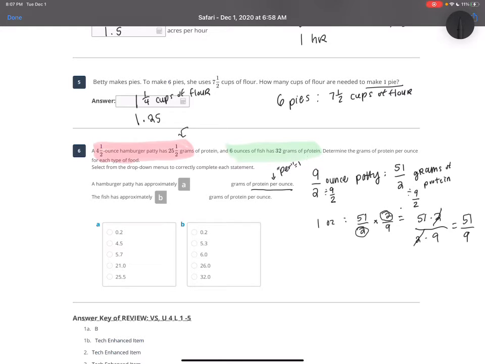Now I have 9 outside the house, and 51 inside the house. How many times can 9 go into 51 without going over? If you guess 5 times, you're absolutely correct, because that would be 45.